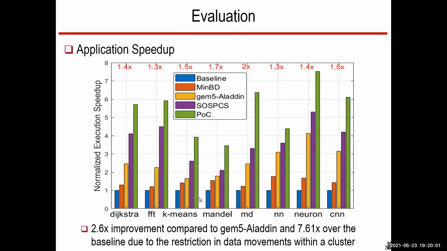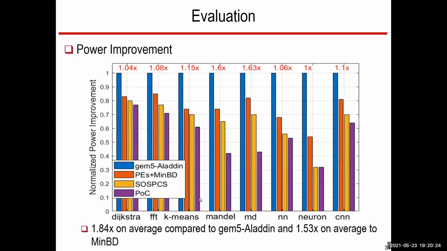In terms of application speedup, we have 2.6x improvement compared to Gen 5 Aladdin, and 7.61x over the baseline because of the restriction in data movements within a cluster. In terms of power improvement, we have 1.86x on average compared to Gen 5 Aladdin, and 1.53x on average compared to MinBD.